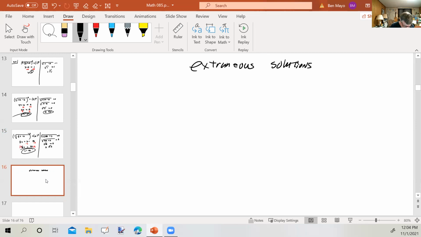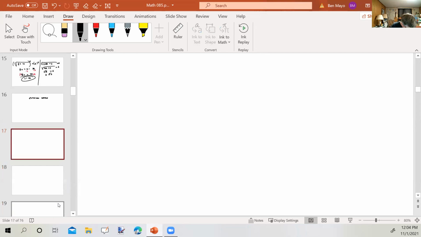Okay, so take a look at this problem. We have the square root of 2a minus 3 plus 3 equals a. So we now have an equation that has one radical, but it isn't isolated yet.